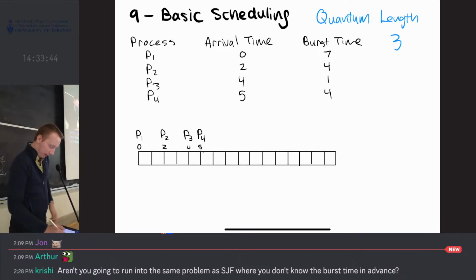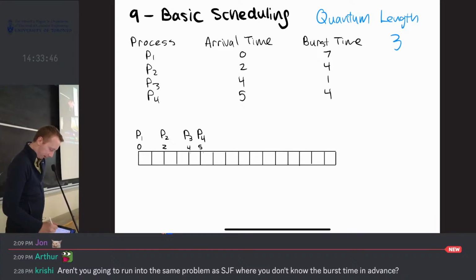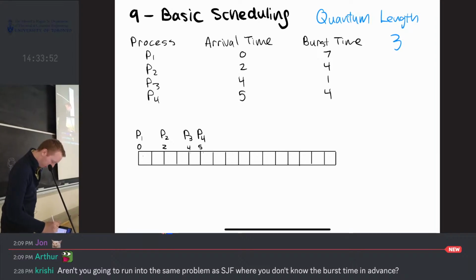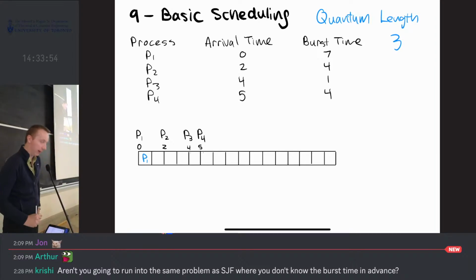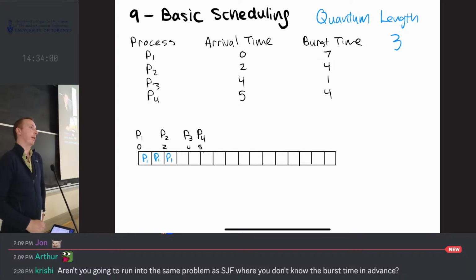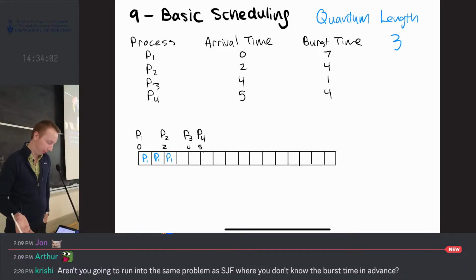So at time 0, process 1 is the only thing we can schedule. So we would schedule it for its quantum length. It gets 3 time units, and it would get all 3 because it lasts for 7, so it would still want to run. It doesn't want to exit early.